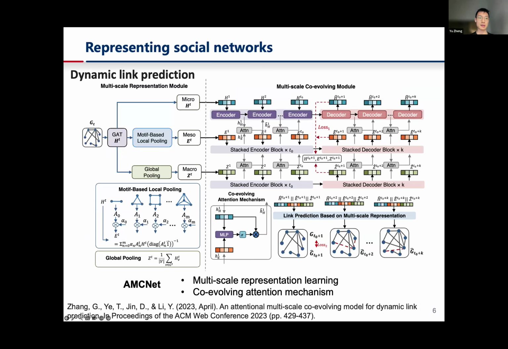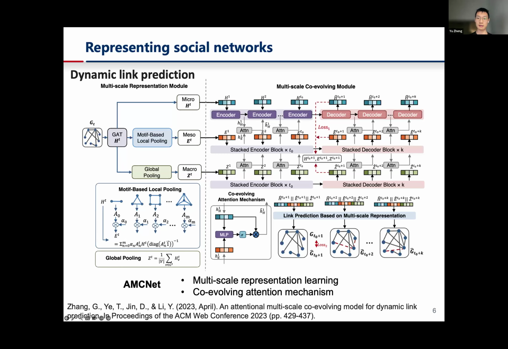Here we introduce a method named Attentional Multiscale Co-Evolving Network, or AMCNet. It consists of 2 key components: a multiscale representation learning module. This module learns embeddings that capture the structure information of different scales within the network. At the microscopic level, the model adopts a graph attention network to learn node representations for each snapshot.